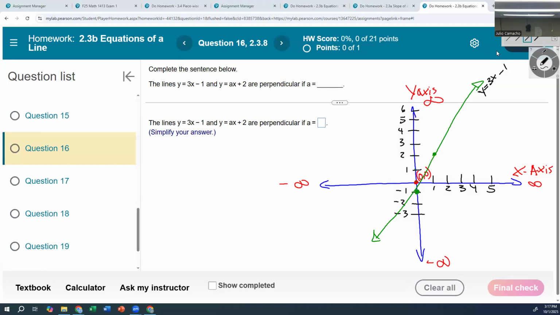And now you are looking for the equation of the perpendicular. What is the slope of the perpendicular line? Well, there is a formula.